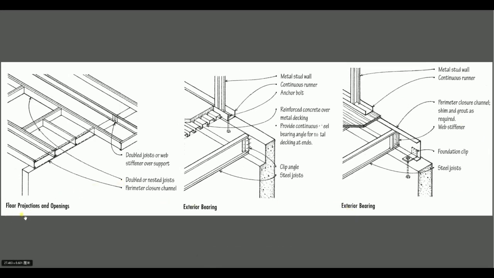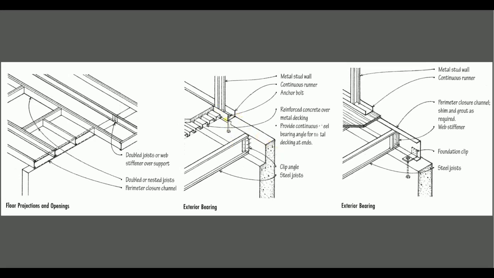Here is a floor projection and openings. So if the floor has projections, with the C-channel we have more projection than with the steel beam. Here we have the C-channel for the wood construction.